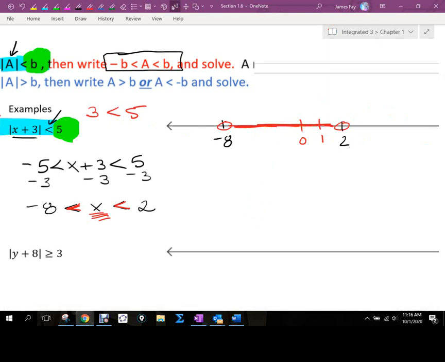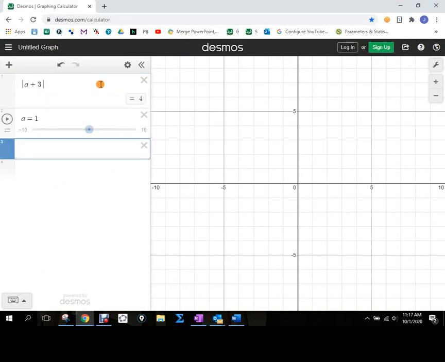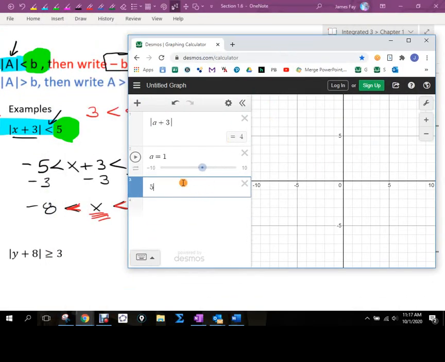If we just quickly look at doing this on Desmos real quick, I'm going to type in the absolute value of A plus 3, and the other side was 5, wasn't it? 5, and I want to look at less than.